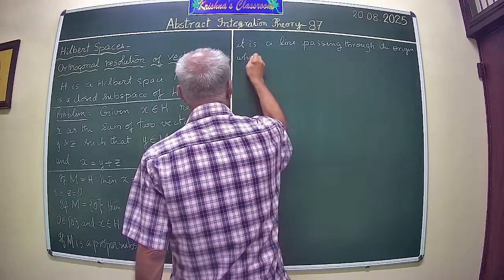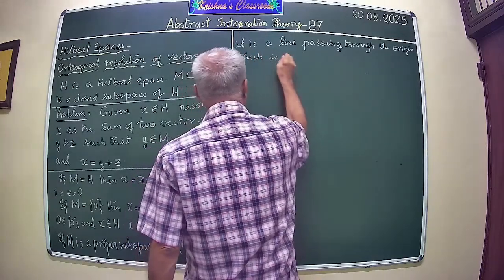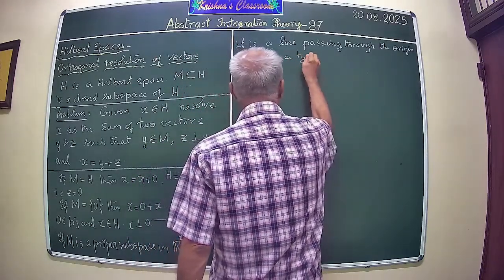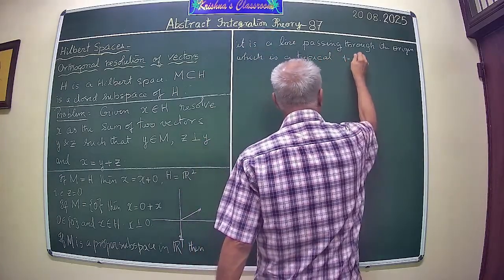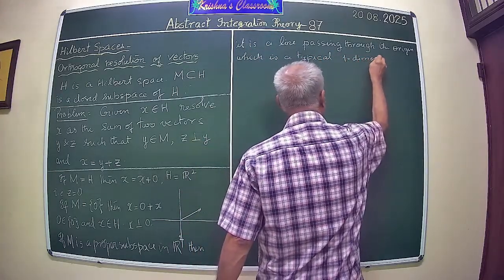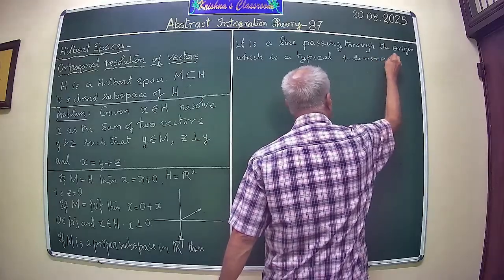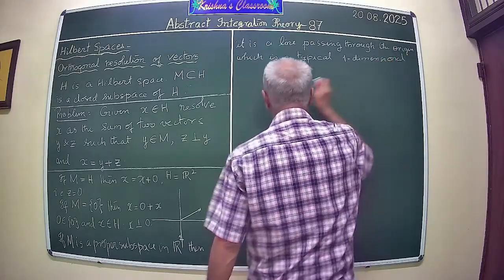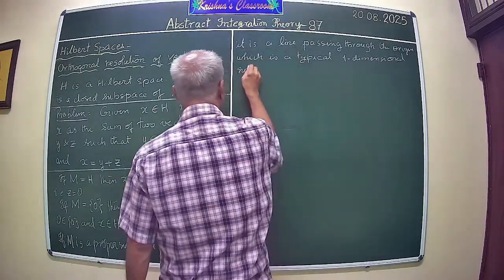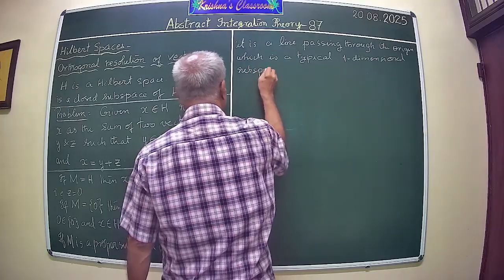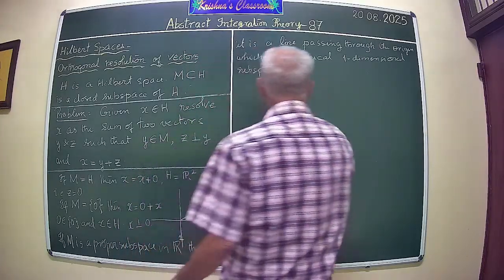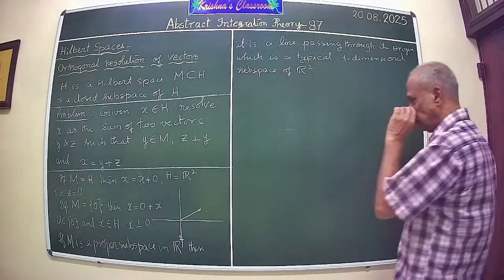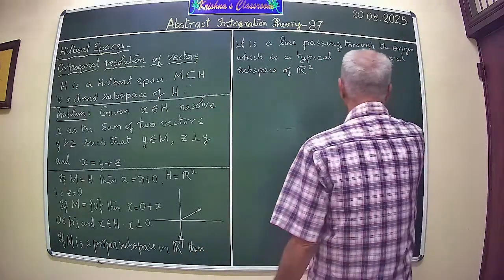It is a typical one-dimensional subspace of R². So this is what we have.